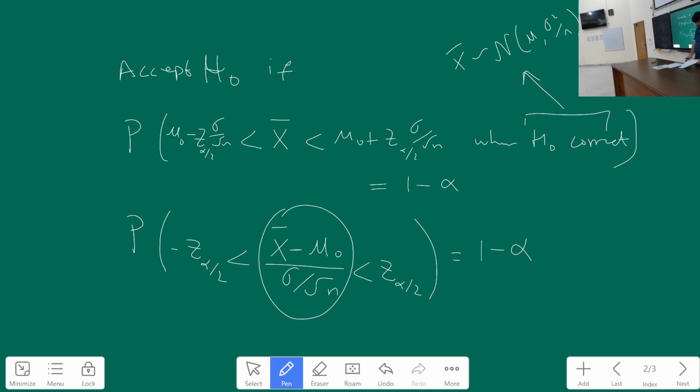The same thing can be repeated with t distribution and chi-square distribution, right? I won't do that here. You can look at it carefully in the book if you like.